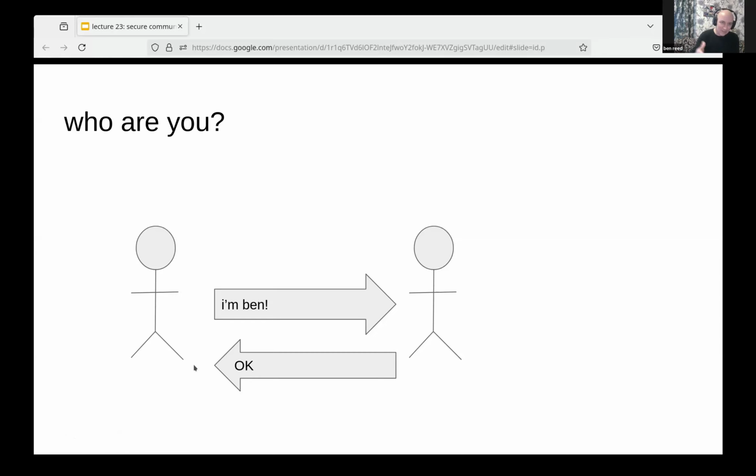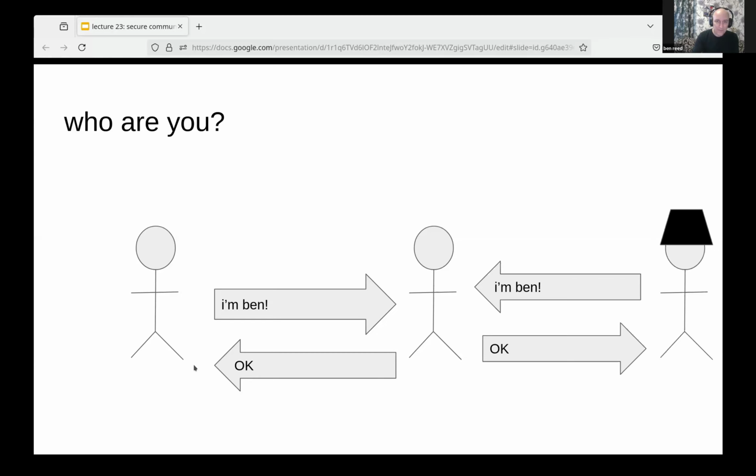I don't know what it's for, but anyway. We want to make sure that we're giving it to the right person. But of course, anybody could say they're Ben. So, for example, we can have the stick figure with the black hat. Okay, this means a hacker, right? So this is the hacker. The hacker could come in and say, I'm Ben, right?